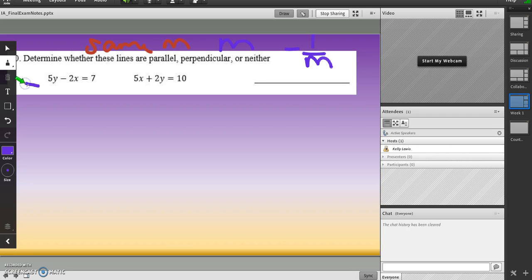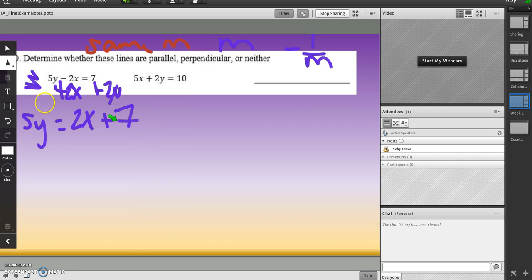So I'm going to add 2x here. I want the y by itself. So I have 5y equals 2x plus 7. And then I'm going to divide everything by 5.